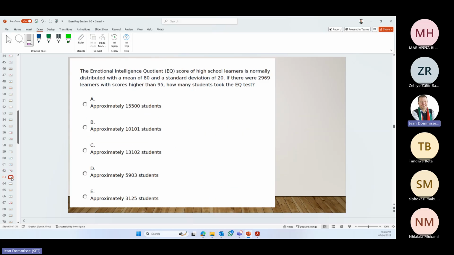Okay, so again, one of those that is a bit different. We're still working here with normal distribution. So again, it is the Z, X minus the mean divided by standard deviation. Let's see what they give us and what they ask. The EQ score of high school learners is normally distributed with a mean of 80, standard deviation of 20.